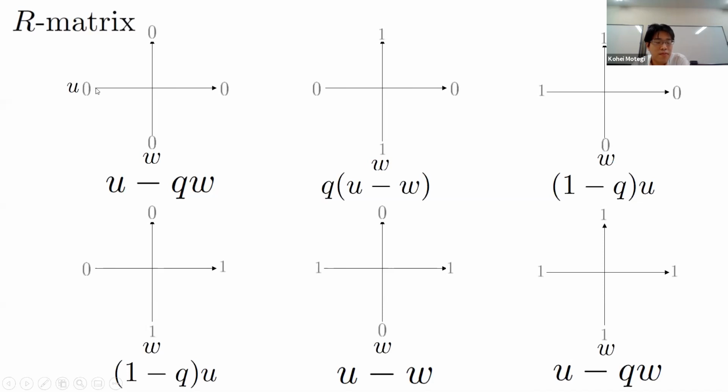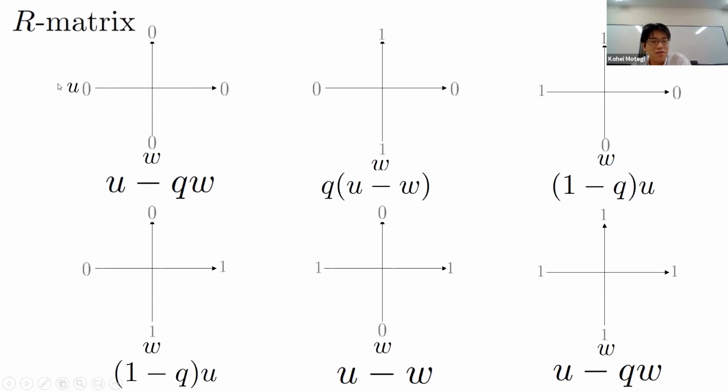I regard this horizontal line as carrying this spectral parameter U, and this vertical line has this spectral parameter W. This point of view is very important in the Izergin-Korepin method.